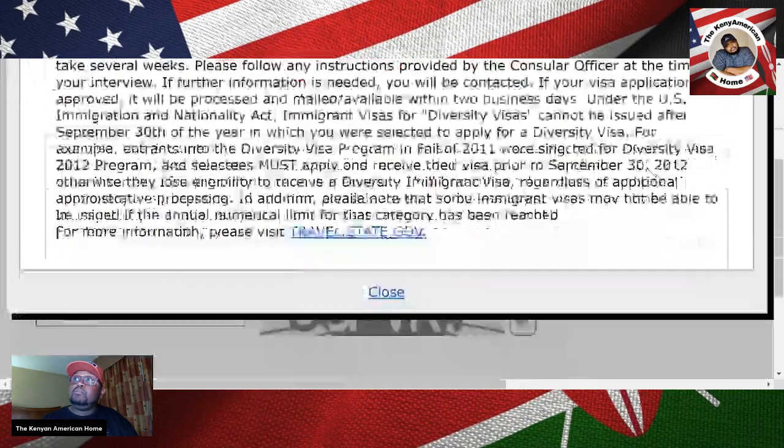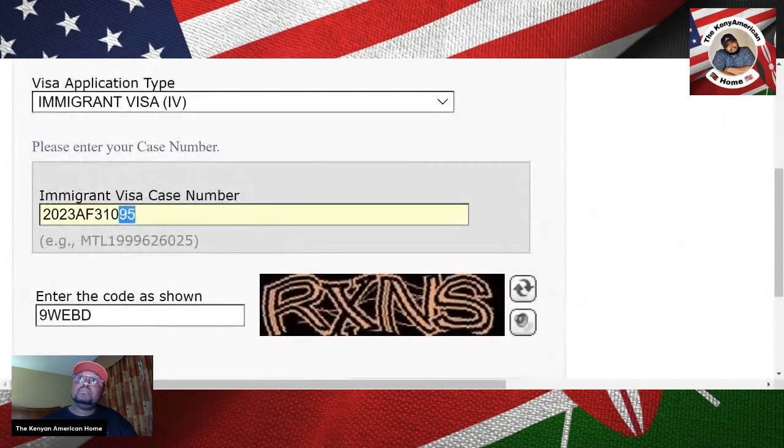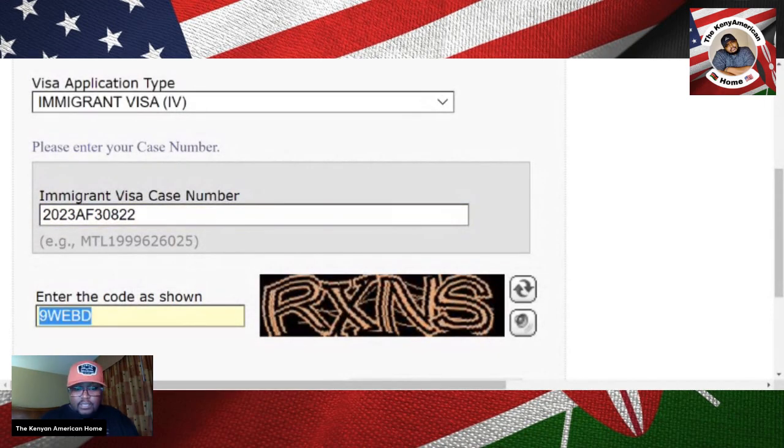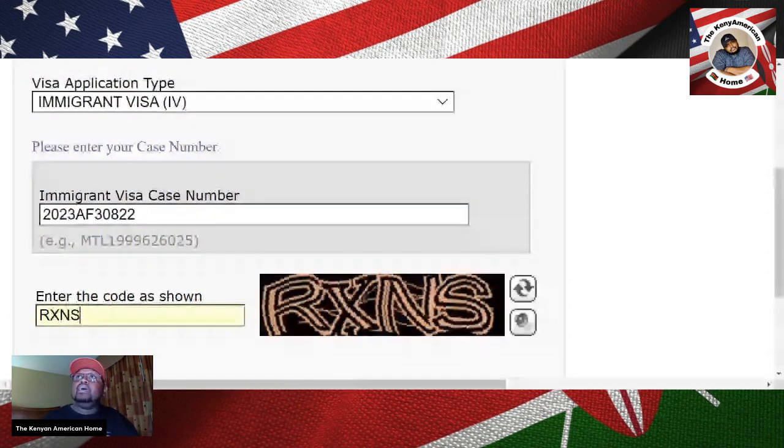So very important, complete your DS-260 properly so that you can avoid some of those things that can come up. Make sure you have everything, you certify everything that needs to be certified.